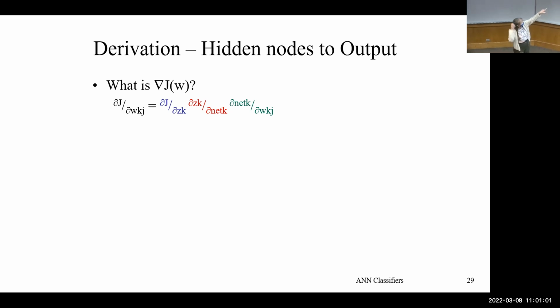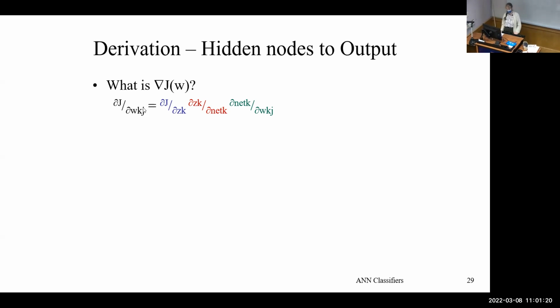We're going to start with the outer layer, weights kj, and we're going to use chain rule. Remember chain rule? I know you used it a little bit last week.